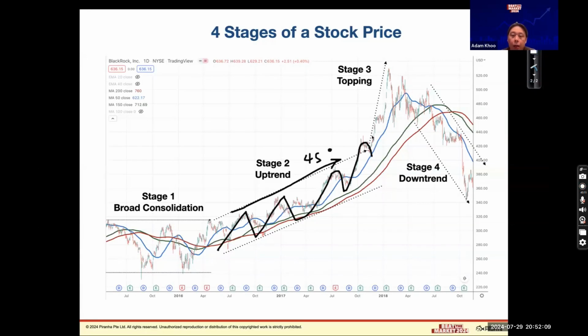Once the price goes 90 degrees, like here, that's called the topping phase.